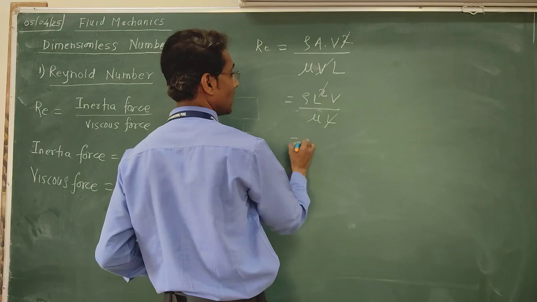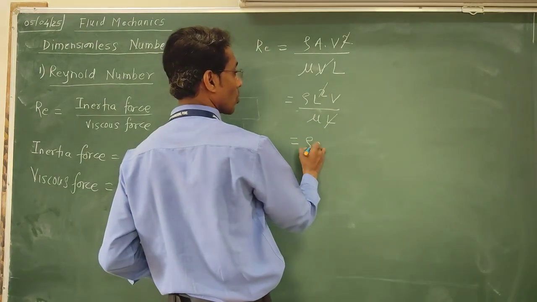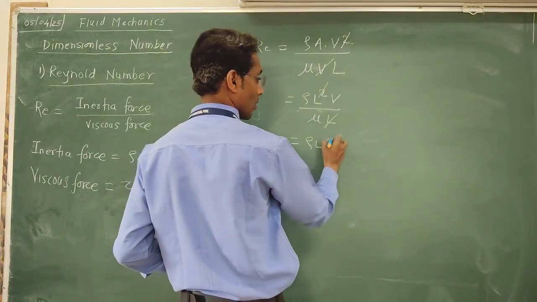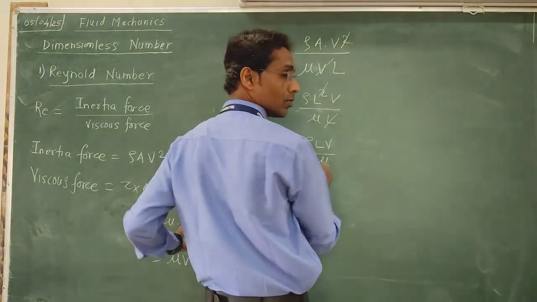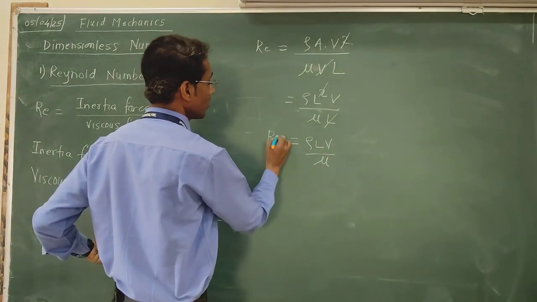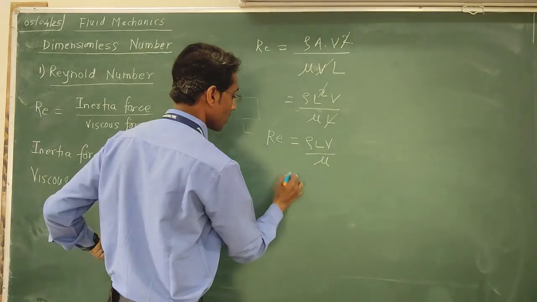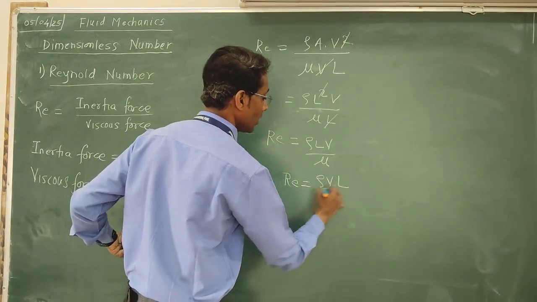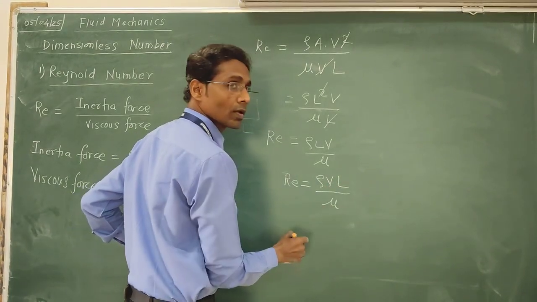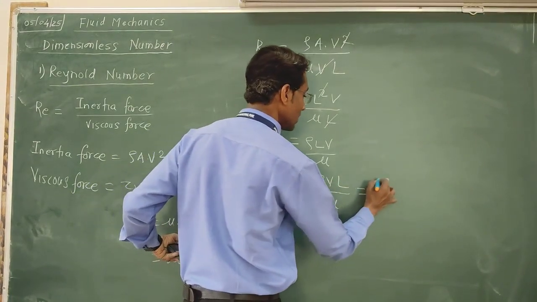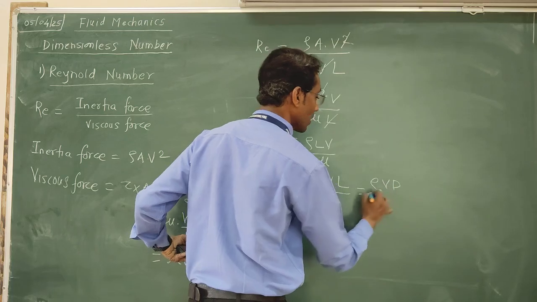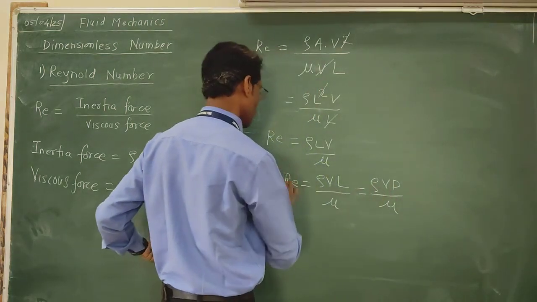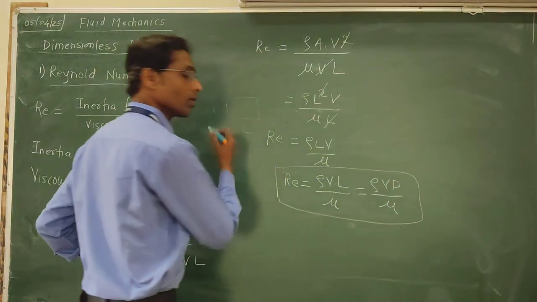So finally we get rho L V by mu. So the Reynolds number is rho V L by mu. We can write this as rho V D by mu.